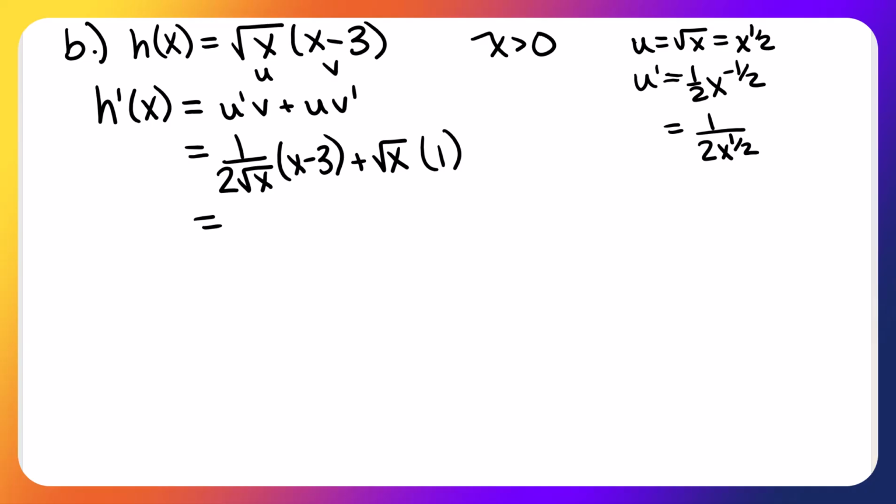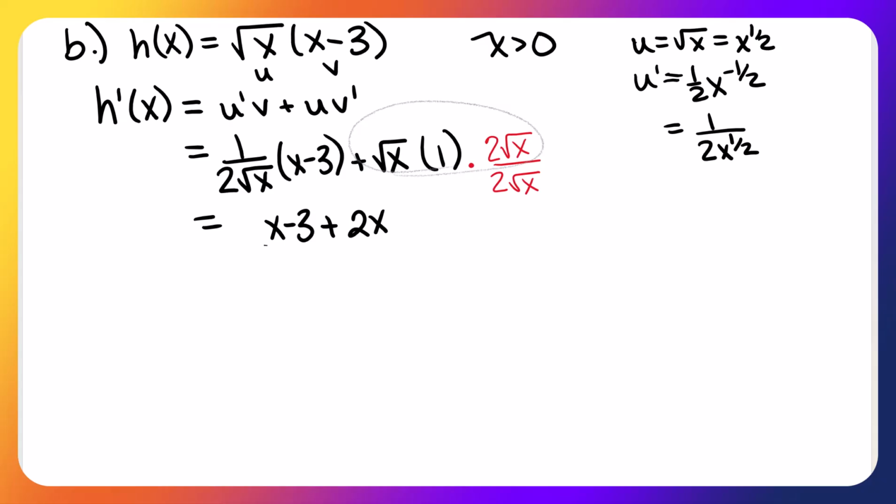All right, so let's go ahead and find a common denominator so we can combine these. So I would need to multiply this by 2 times the square root of x over 2 times the square root of x. So that gives me x minus 3 plus 2x multiplying over here.